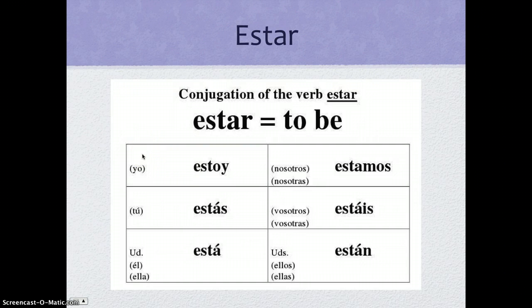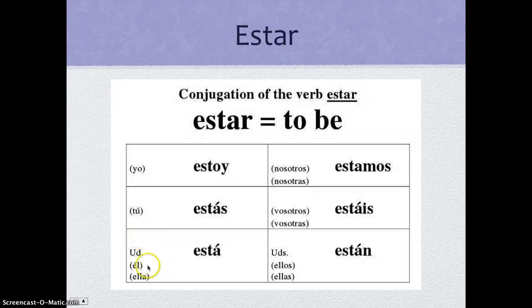Now in Spanish, the verb gets conjugated for the different pronouns. It gets conjugated differently for each pronoun. So for yo, it would be conjugated estoy. For tú, it's conjugated estás.